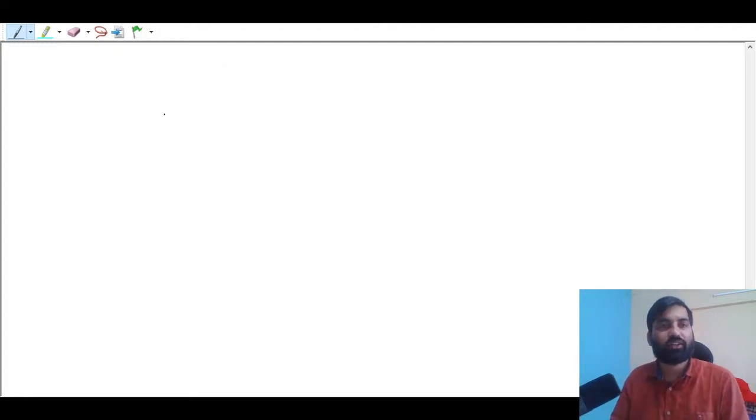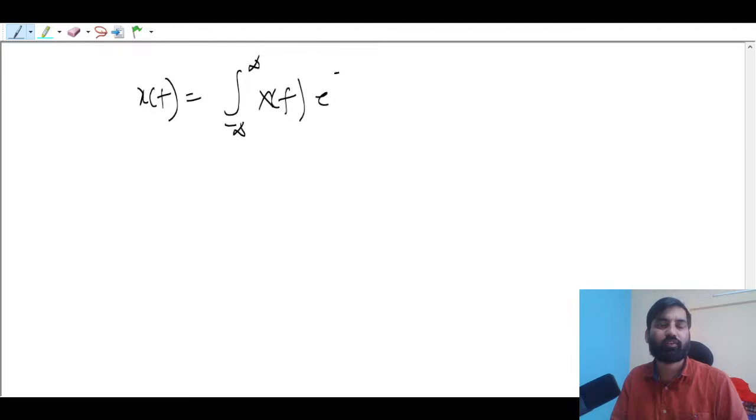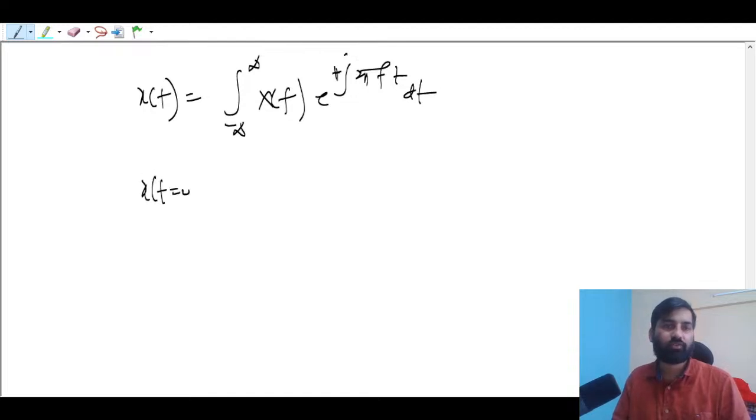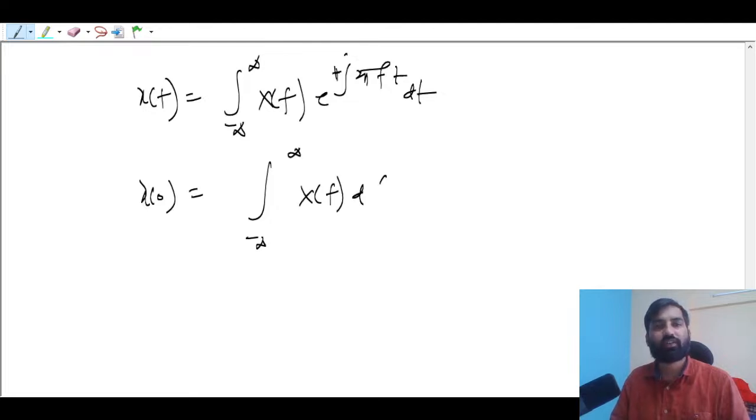So what you can recall here is, you can say that x(t) equal to integral from minus infinity to infinity of X of f e raised to power plus j 2 pi f t, df. Now if you plug t equal to 0 here, या कि आप ऐसा लिख सकते हो कि this is nothing but x of 0. So it is what? Integral from minus infinity to infinity of X of f df.